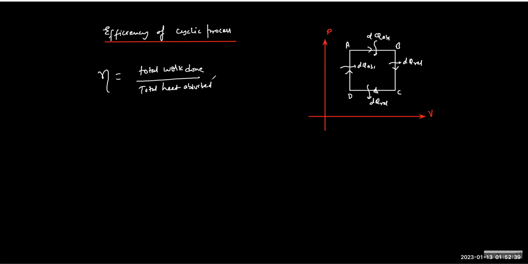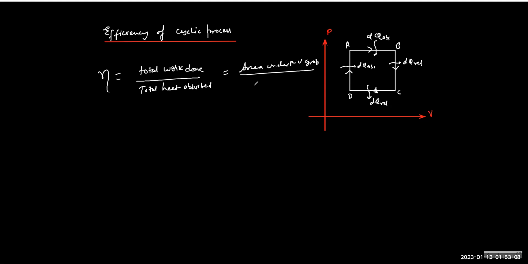The positive dQ is called the heat absorbed, so you have to only put the positive dQ in the denominator, and the work you have to put in the numerator. Work is easy, area under the graph. But in the denominator, you have to write only the positive value.